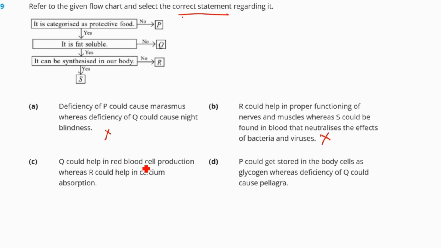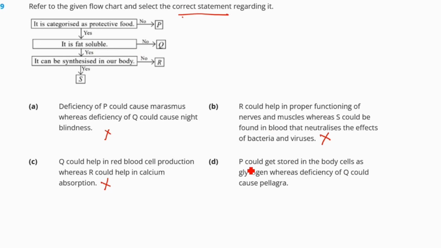Q could help in red blood cell production. Q is not an iron containing compound. It is not fat soluble. So it cannot be. R could help in calcium absorption. Synthesized in our body? No. Fat soluble? No. This is wrong.